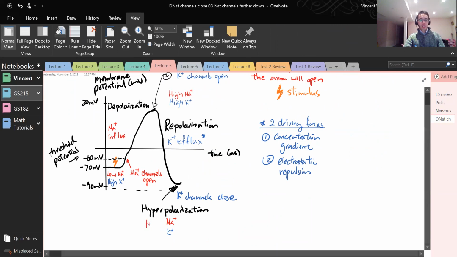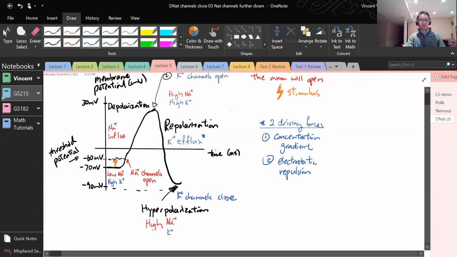They all came in. They didn't have a chance to leave yet. Sure, some went forward, but it's not a significant amount, so it's still high. And the potassium is low because in the efflux, they all left, right?